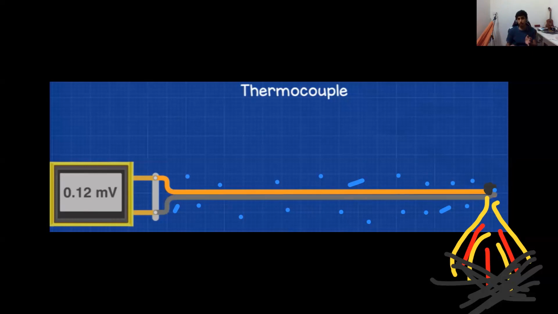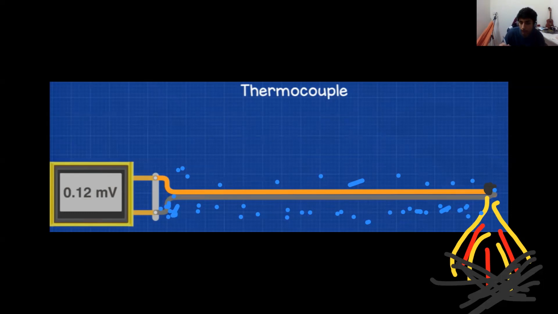In some metals, electrons will flow more easily than in others, and in others electrons won't flow as fast. So what does that mean? If electrons are flowing faster on this side, there'll be more electrons here than there. Just listen.